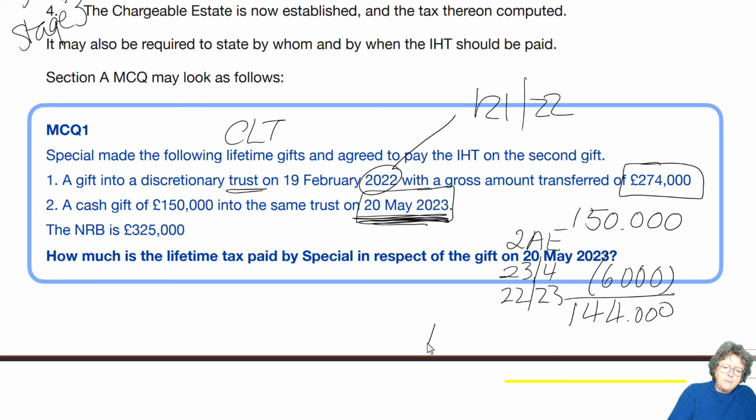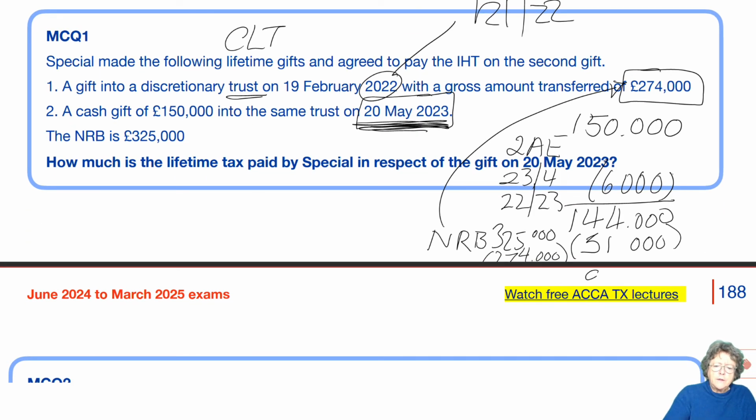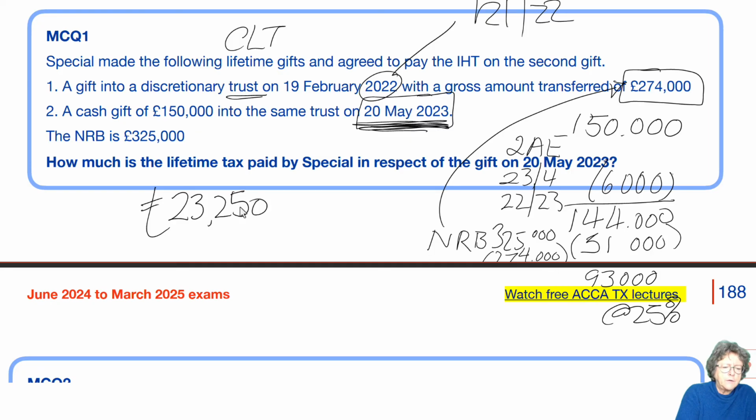Now we've got a nil rate band of 325, and we need to reduce that by this gift, because that's already been worked out, 274,000, which leaves us with 51,000, and the balance of 93,000 is therefore taxed at 25%, giving us a tax bill of £23,250.